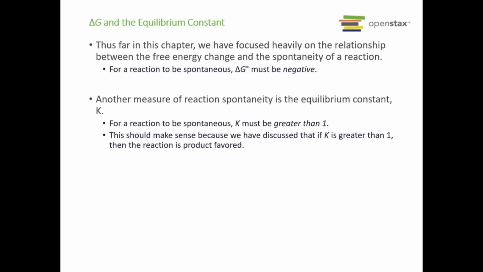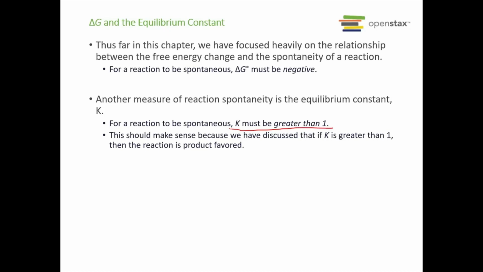So far we've also talked about delta G standard has to be negative for a reaction to be spontaneous. We actually do have another measure of reaction spontaneity using equilibrium constant K. So to be spontaneous, K has to be greater than 1.